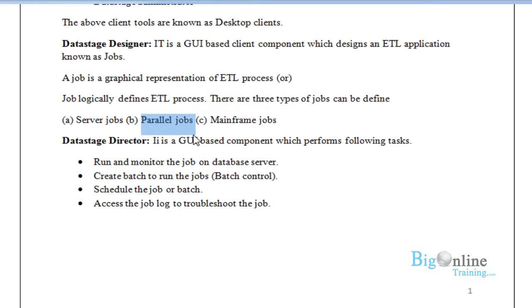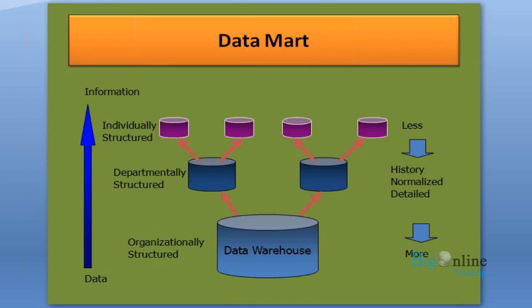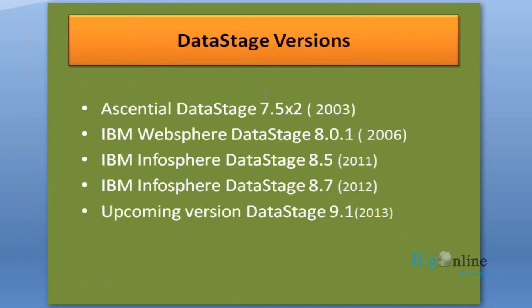Okay, the second one is parallel jobs. Parallel jobs means after IBM took over from Ascential, they introduced this new topic as parallel job. In our presentation, we have versions. Yesterday we saw some versions: 7.5 version and 8.1 version.